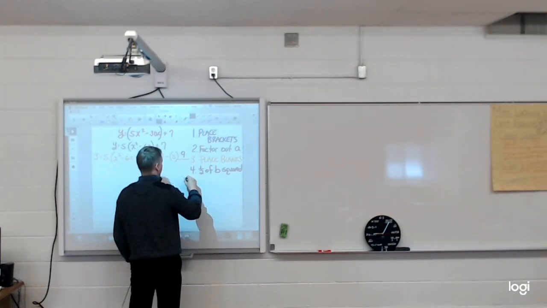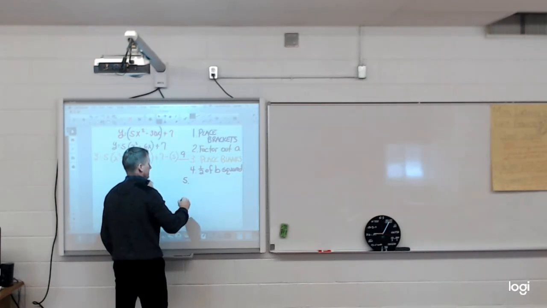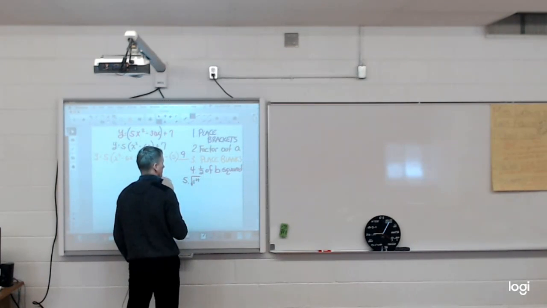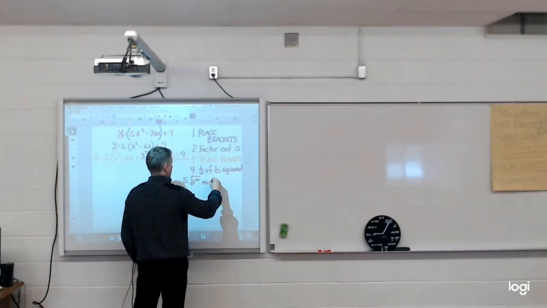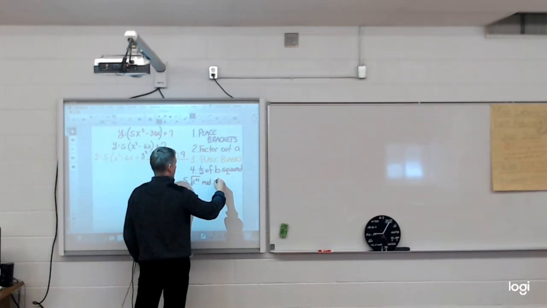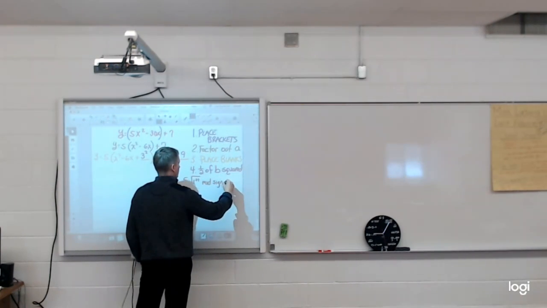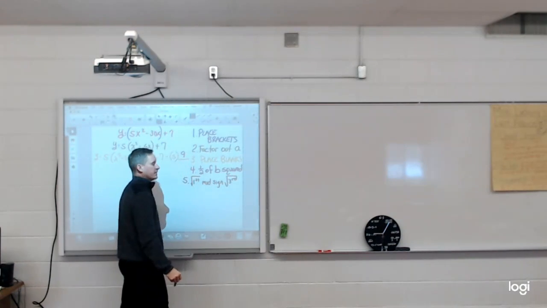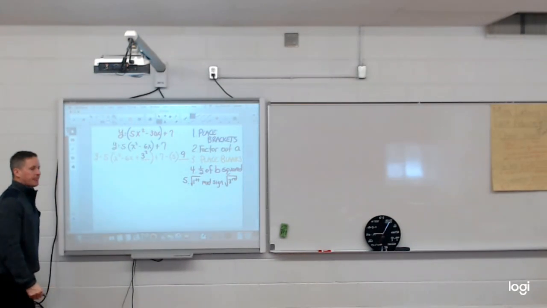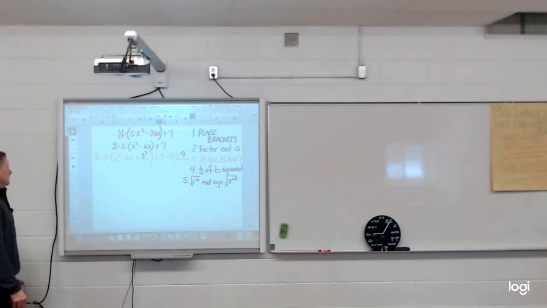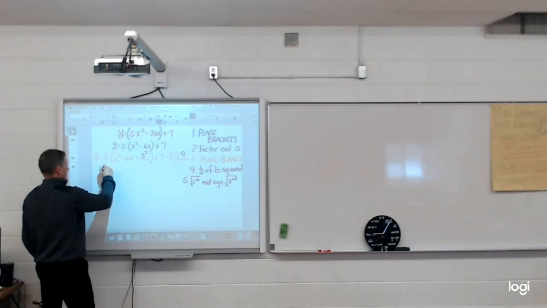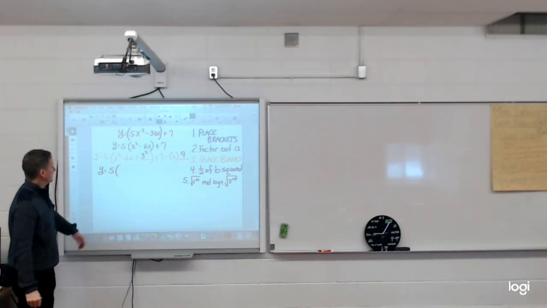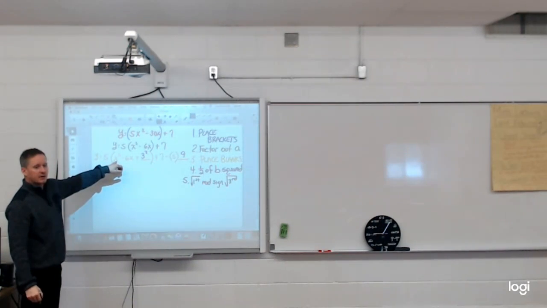My fifth step is square root of the first, middle sign, square root of the third in the brackets. This is all working in the brackets. Okay? So rewriting it, I go y equals 5 times the square root of my first term. What's the square root of x squared?